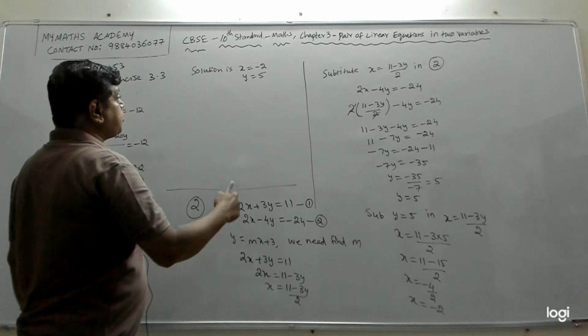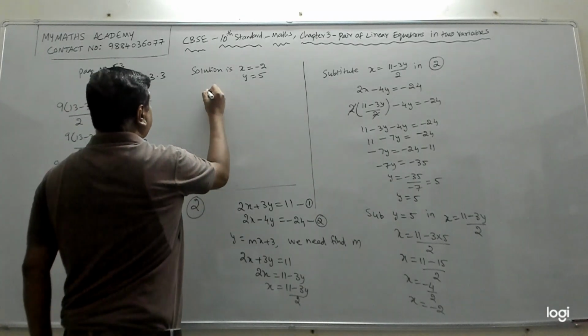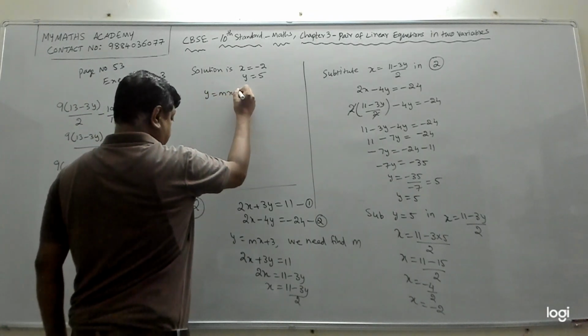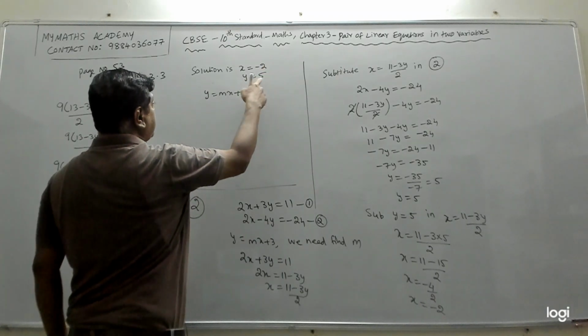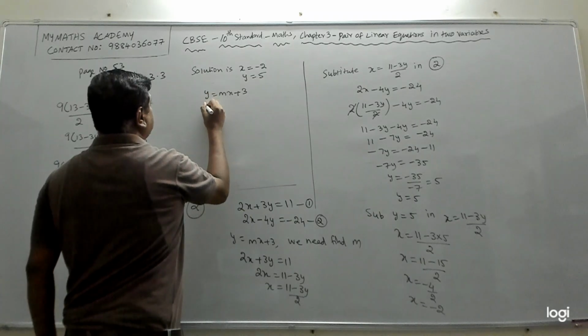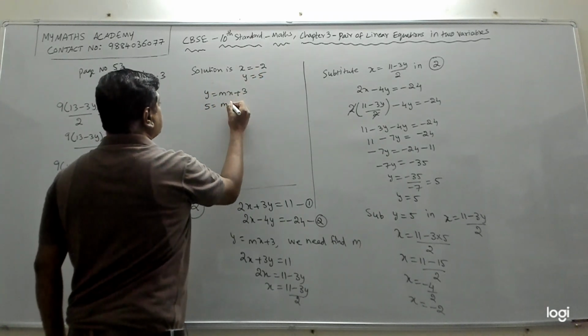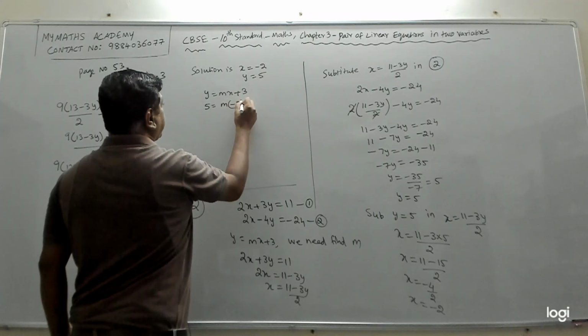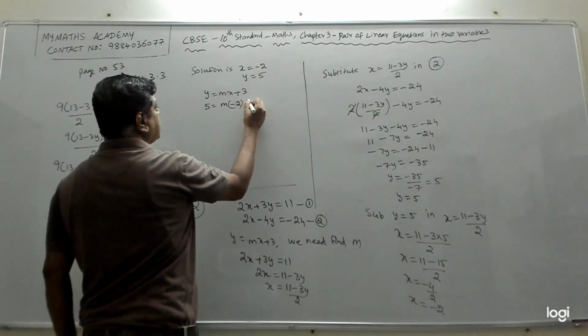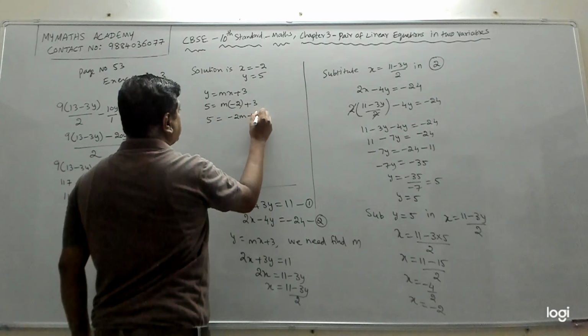Now we need to substitute these two in this equation, y equal to mx plus 3. We substitute x as minus 2 and y as 5 and then find m. So 5 equal to m into minus 2, bracket meaning multiplication, plus 3. So you get 5 equal to minus 2m plus 3.